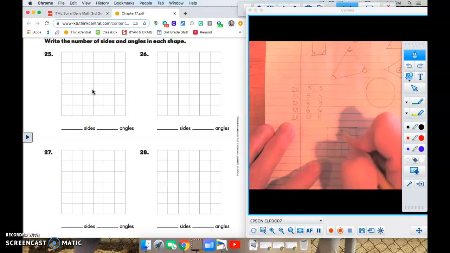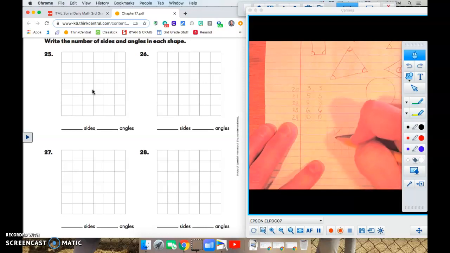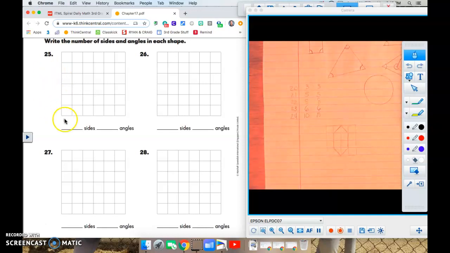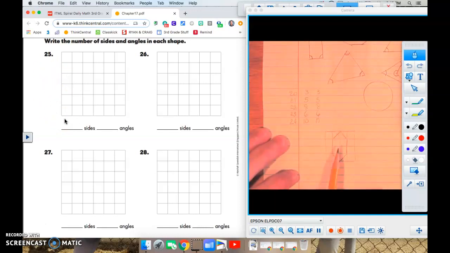So let me go, how about 1, 2, 3, 4, 5, 6. So how many sides do I have? I have 1, 2, 3, 4, 5, 6.